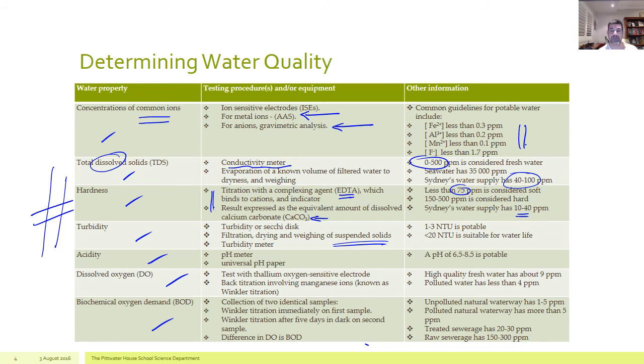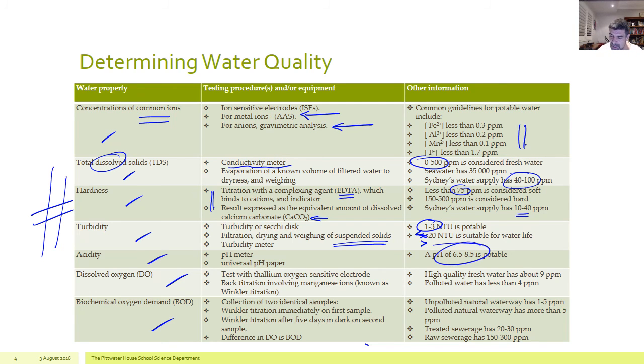You need a very small number of those for the water to be potable, and once it becomes much bigger than approximately equal to or greater than 20, it's no longer suitable for aquatic life. So it has to be down below 20 for that to be the case.